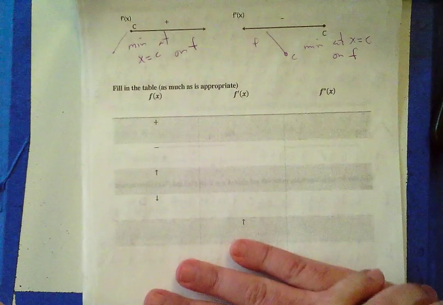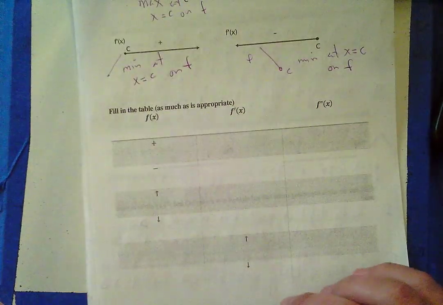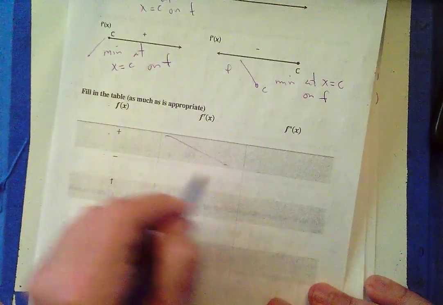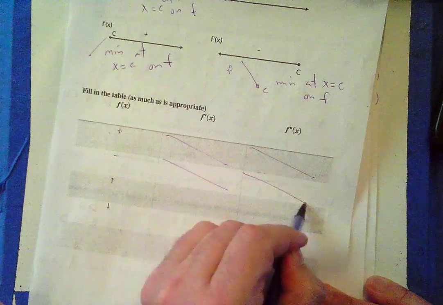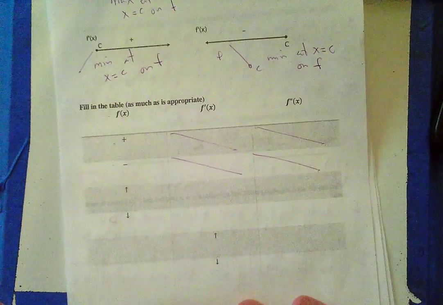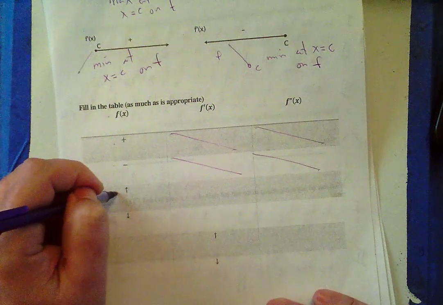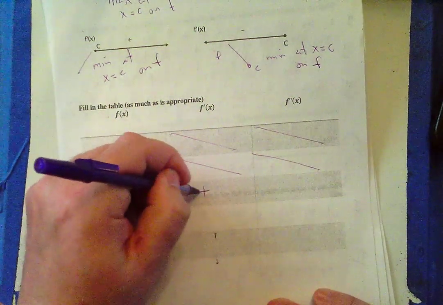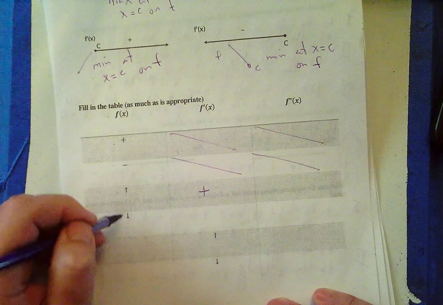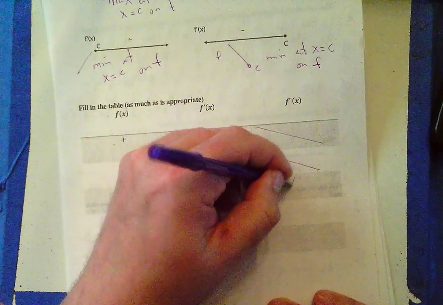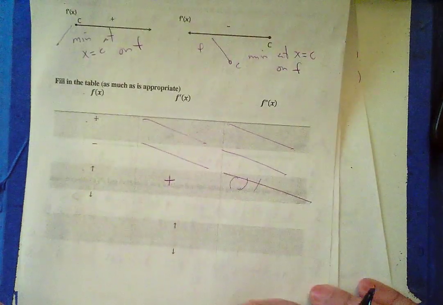Fill in the table. Okay, what do we know? Just because f is positive or negative, I have no idea what's happening for increasing, decreasing, or concavity. Now, if f is increasing, I know that f prime is positive, but I have no idea whether I'm increasing this way, or this way, and so I don't know that one.